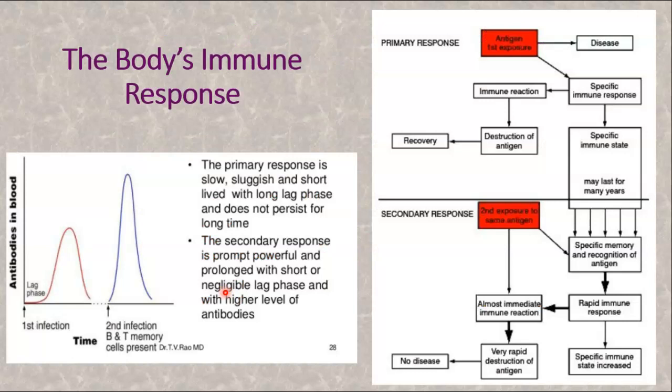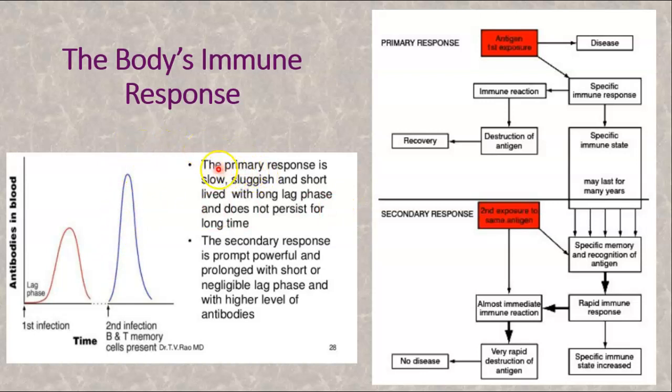So in the previous slide we started explaining natural immunity, and in this current slide we will continue to explain natural immunity. However, we will be doing that through analysis of diagrammatic illustrations.